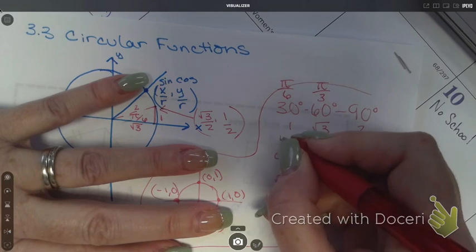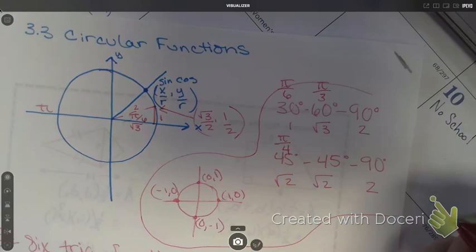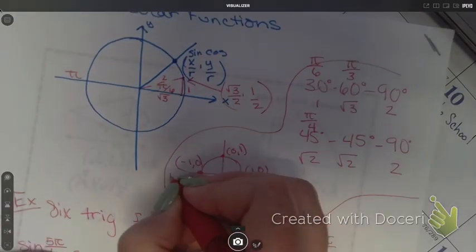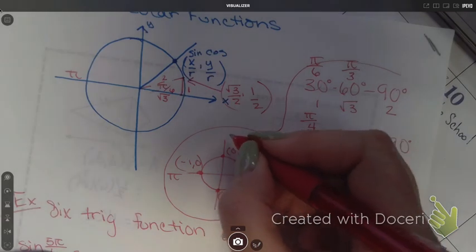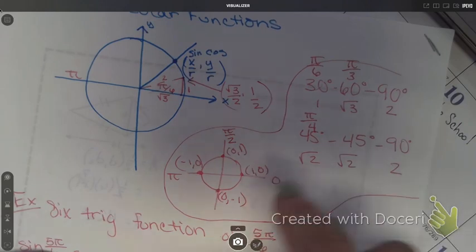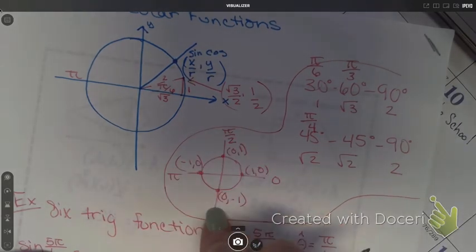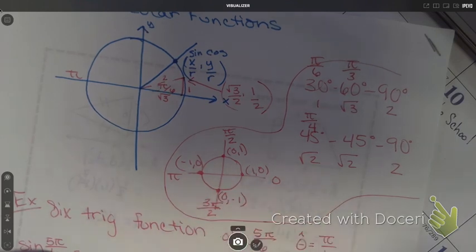Pi over 4. Okay. Then I have 0 and pi, and this is pi over 2, 1/2 of pi, 2 halves of pi, 3 halves pi, so 3 pi over 2. So if I write those on there, will that help me too?